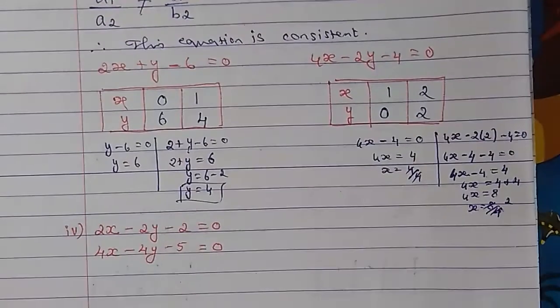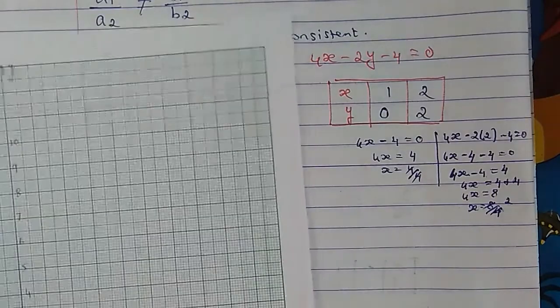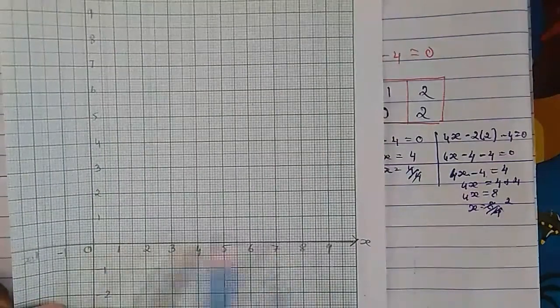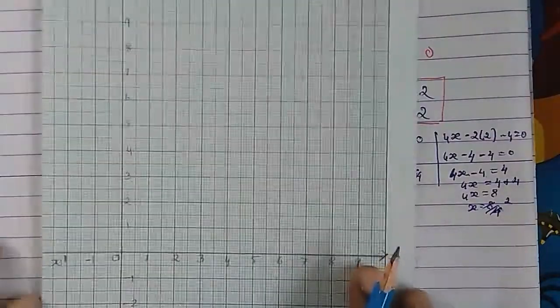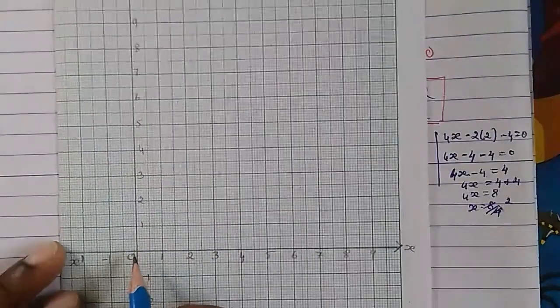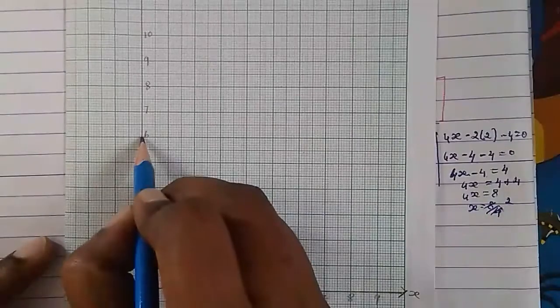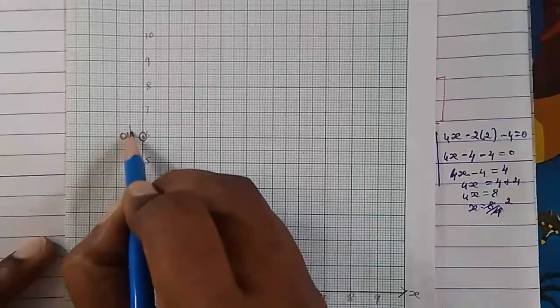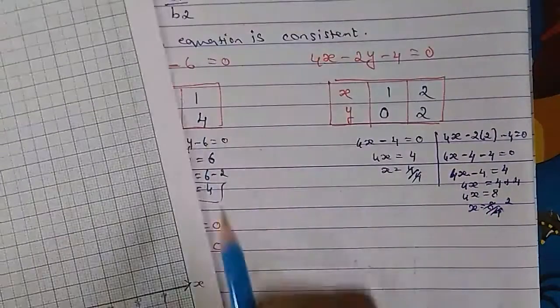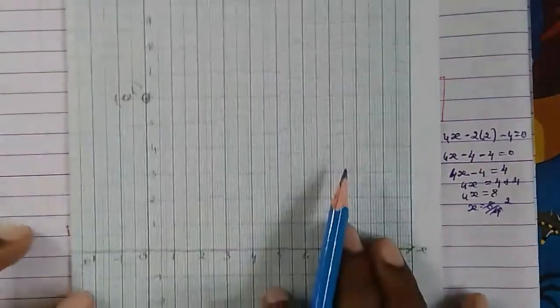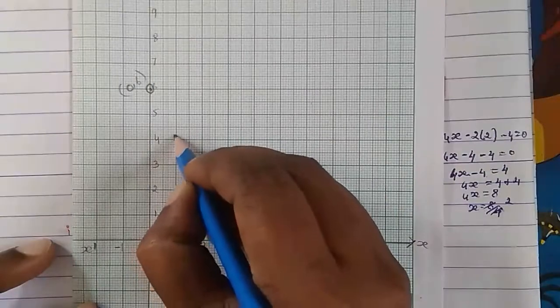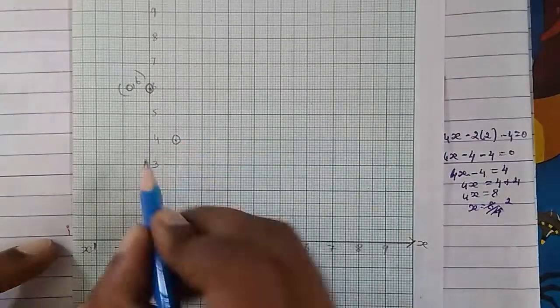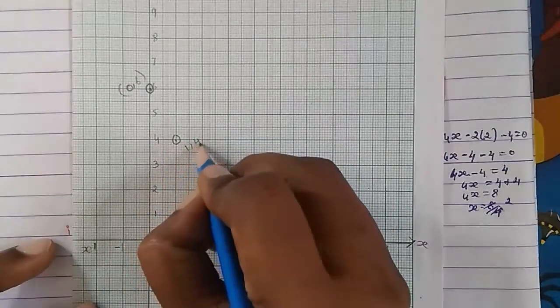So let's plot it in a graph. So we have the graph here. We have the x-axis. So let's plot it. First 0, 6. So we have 0 here, and on the y-axis 6 is here. So this is 0, 6. Then we have 1, 4. On x, 1 is here and y, 4 is here. So 1, 4.